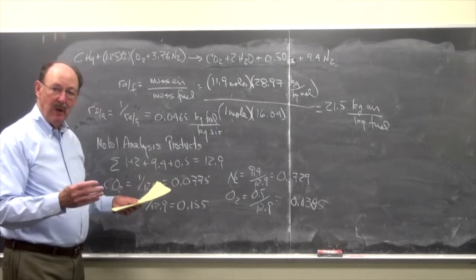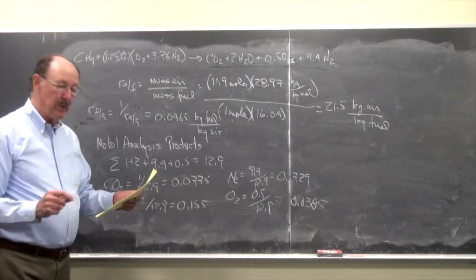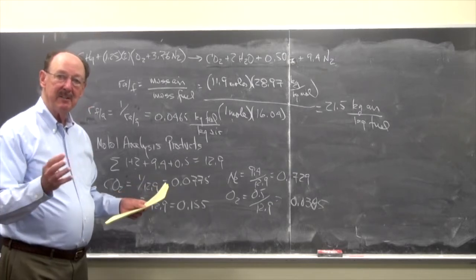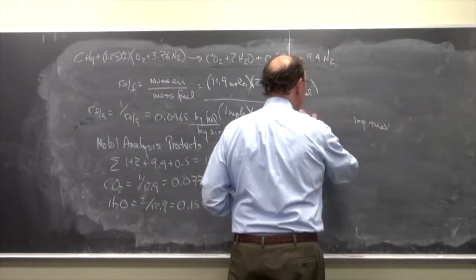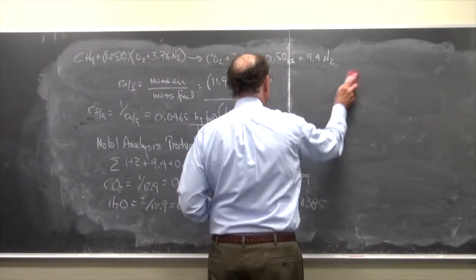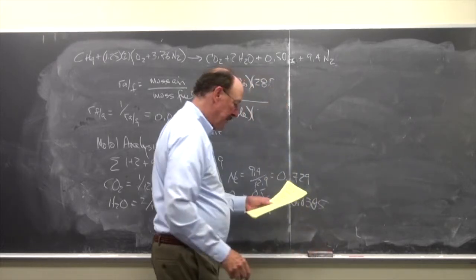And it's like, why do I care about that? So part of why we care about that has to do with the dew point of the products. So we're interested very often in operations in making sure that we don't have things below the dew point.